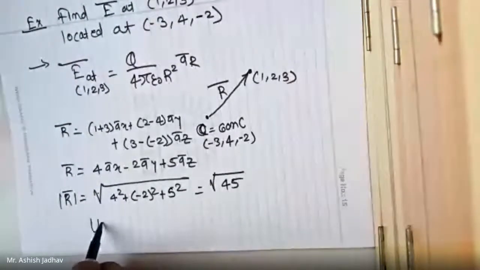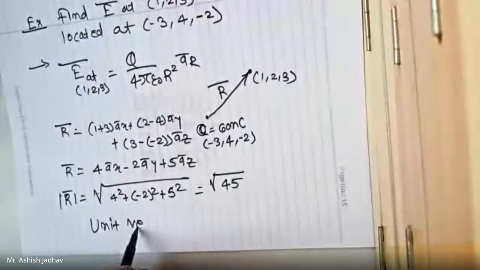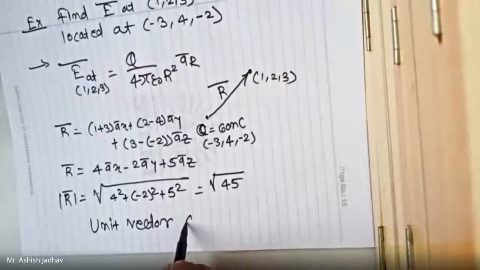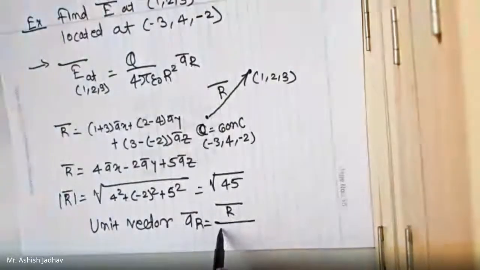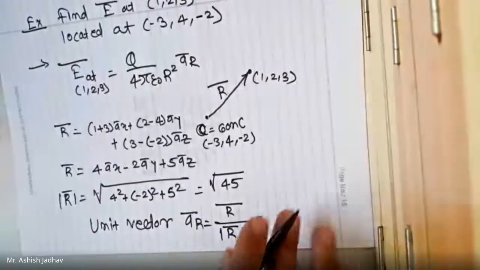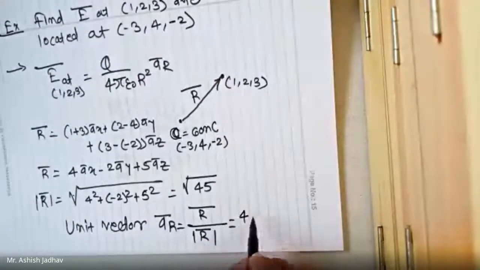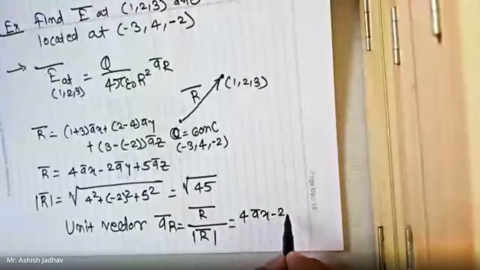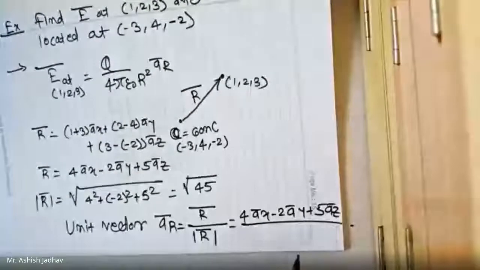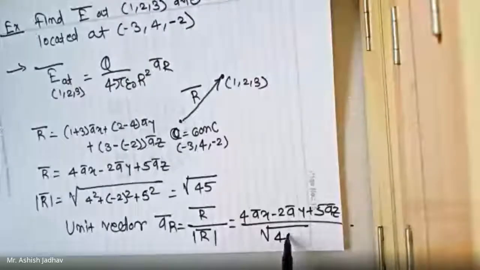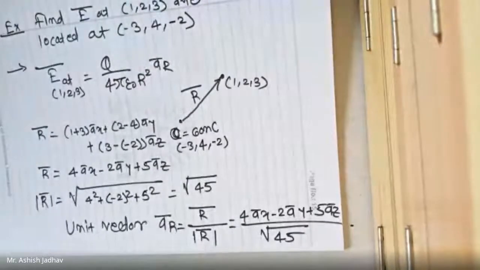So unit vector a bar R is equal to R bar upon mod of R bar, which is 4 a bar x minus 2 a bar y plus 5 a bar z, divided by under root 45. All of you got this? Are you able to calculate this?